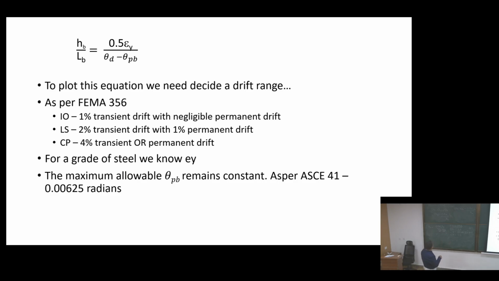So this equation here can also be written as this one, where it's a ratio of HB over LB, and it's essentially 0.5 EY over theta D minus theta PB. And now this can be plotted, right?